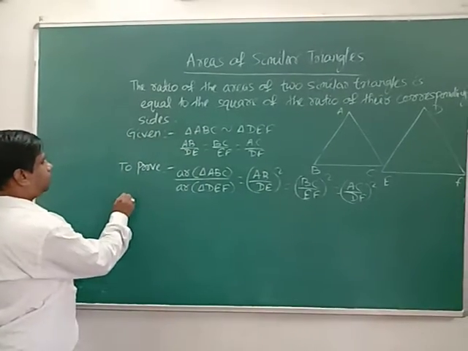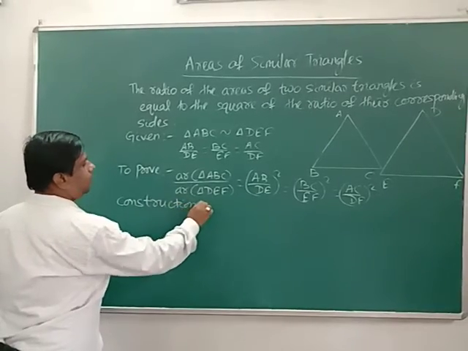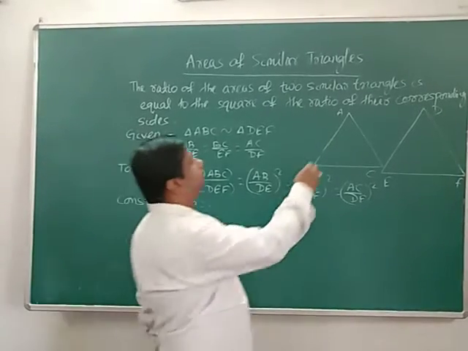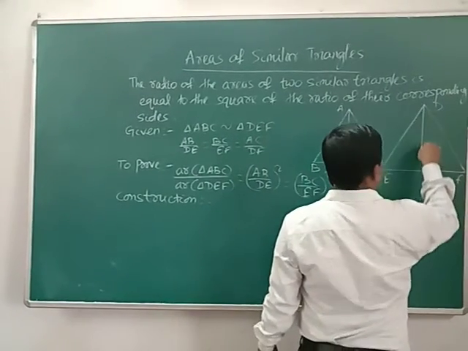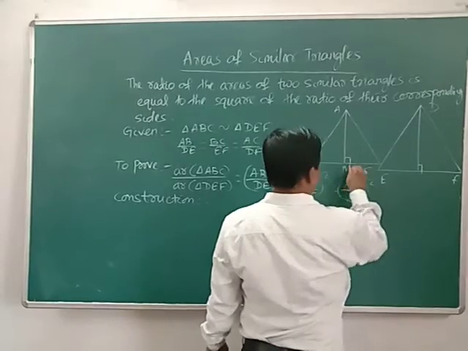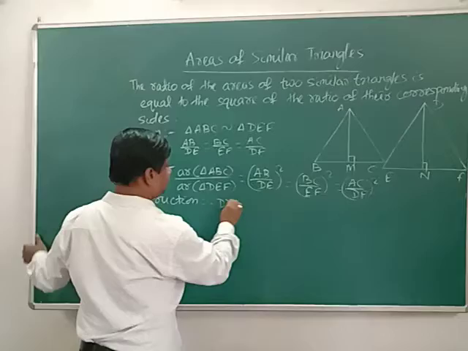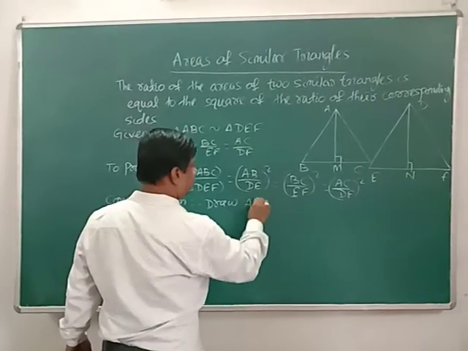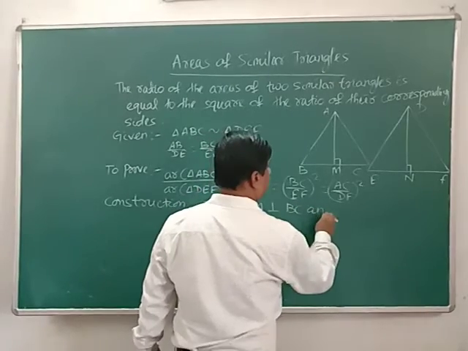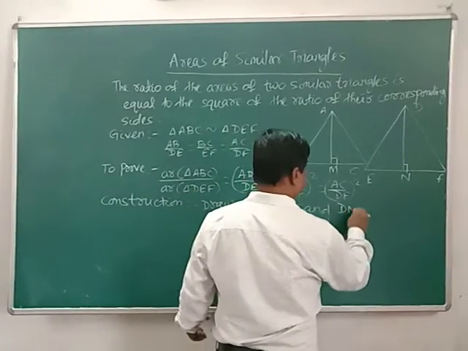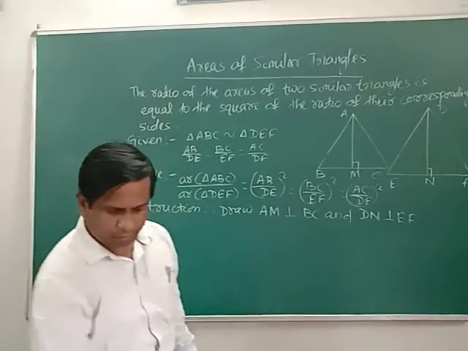So how to prove? First, construction. To find the area of a triangle, we need an altitude. Construction: draw AM perpendicular to BC and DN perpendicular to EF.